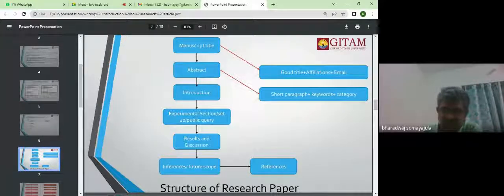It will also have keywords as well as your category. Then comes your introduction, then your experimental setup, then results and discussions, then your inference or future scope of your work, followed by your references. This is a common structure of any research paper, whether from an English point of view or from an experimental point of view.